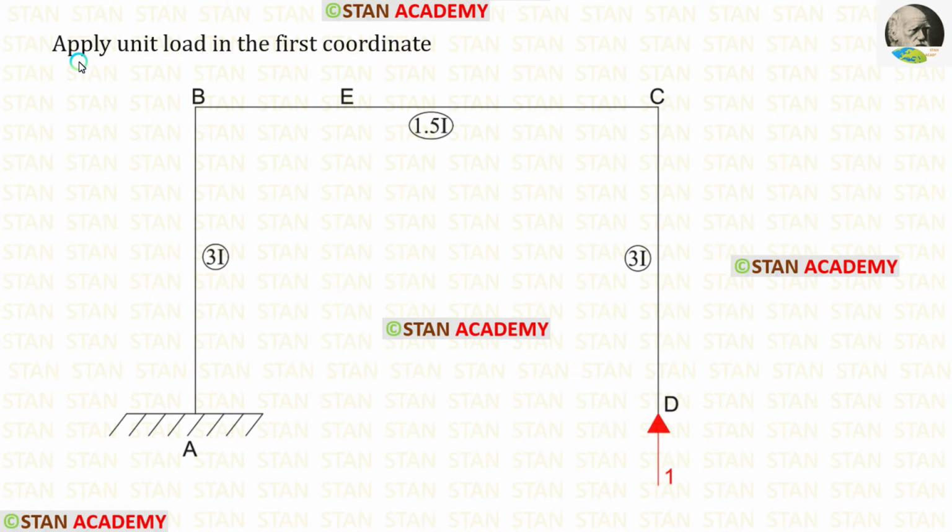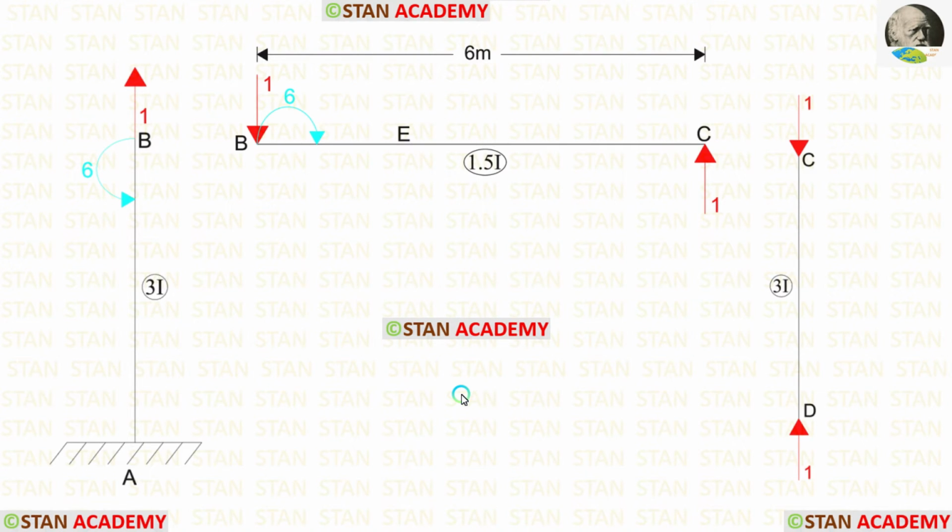Now we are going to find the moment M1. For that, we have to apply a unit load in the first coordinate. Now let us make the free body diagram. Because of this unit load, a reaction is created at the point C. The unit load is acting upwards, so the reaction should be acting downwards.